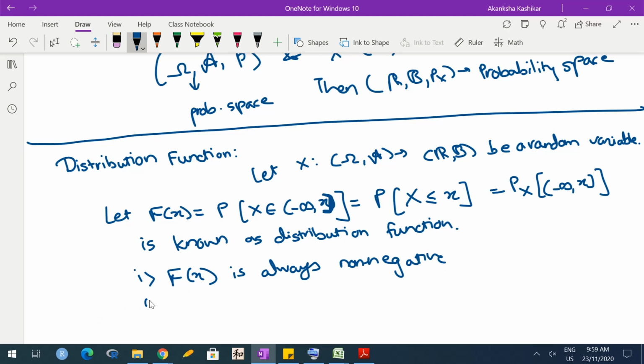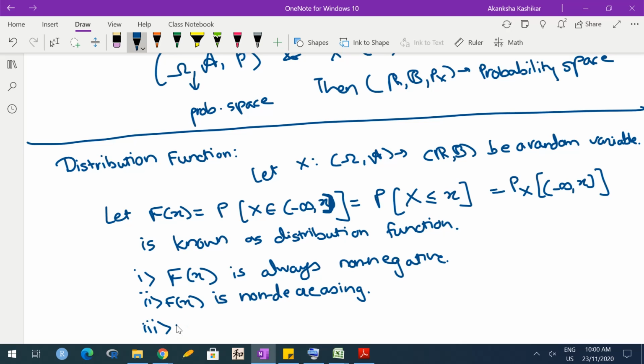Then second property is FX is non-decreasing. We can easily prove it. You take two arguments a and b, a less than b, and F of b minus F of a would be probability of the interval ab. Open closed will have to adjust, and hence since it is probability, it would always be greater than or equal to 0. So F of b minus F of a will always be greater than or equal to 0.